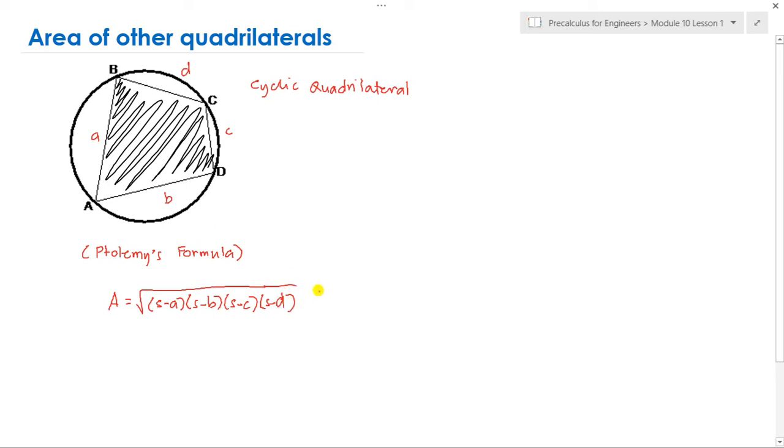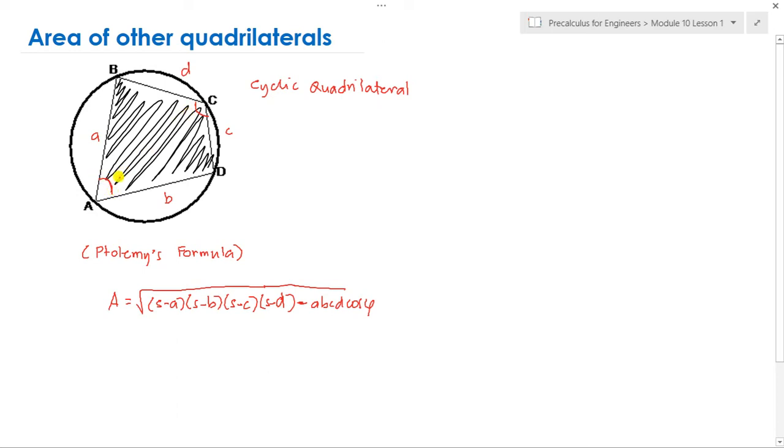Actually, we no longer have the minus term. In the general quadrilateral, there is minus ABCD cosine of gamma. Now, why was it erased? Because the gamma here is the sum of the opposite angles divided by 2.